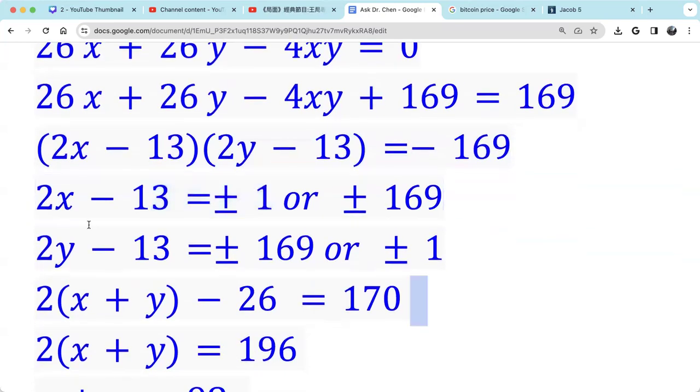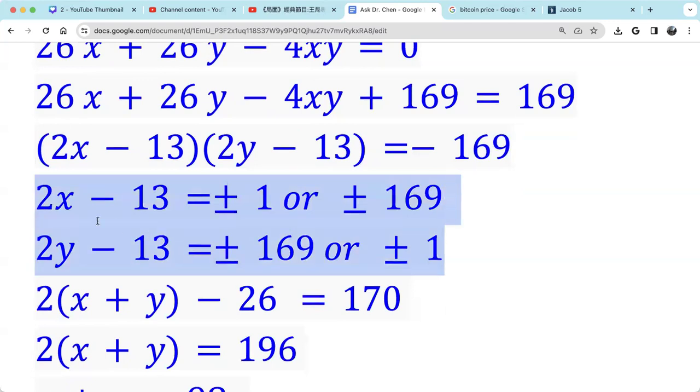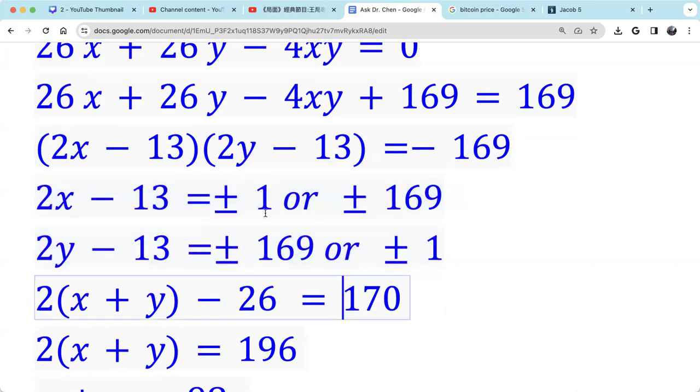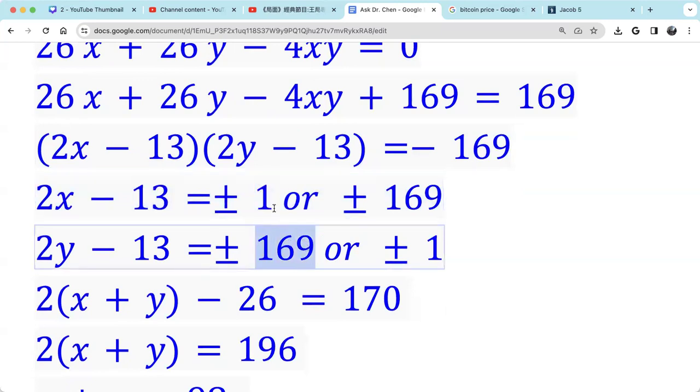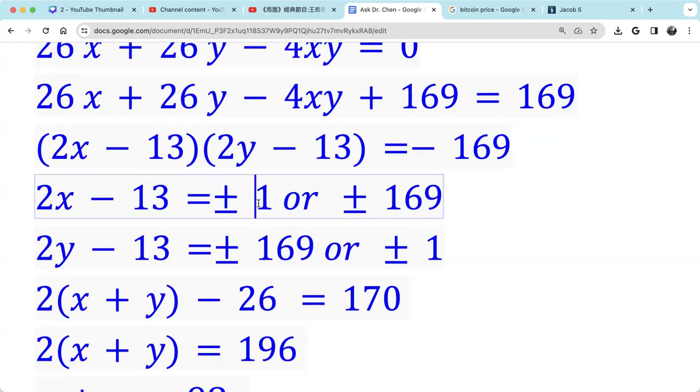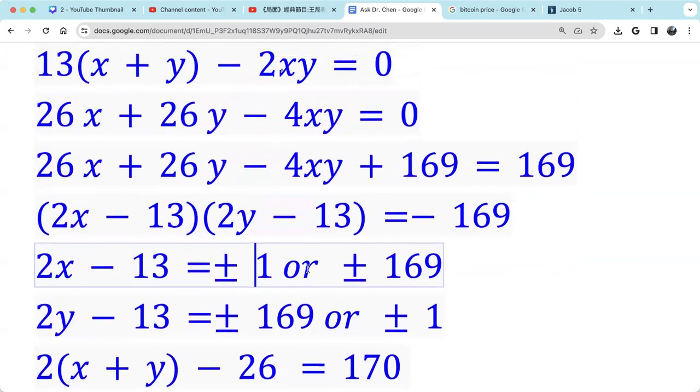And we're looking for x plus y. So let's add those two equations. So we add those two equations, we get 2 times x plus y minus 26 equals 170, right? Positive 1 plus positive 169, negative 1. Actually, hold on one second.